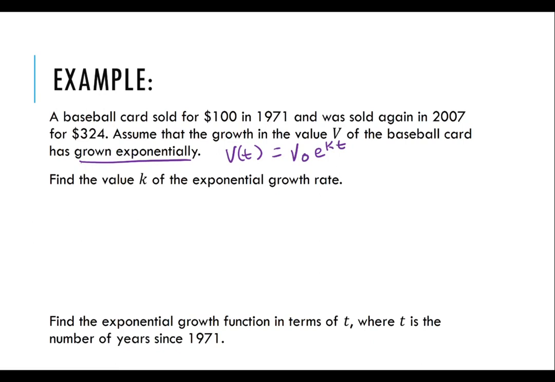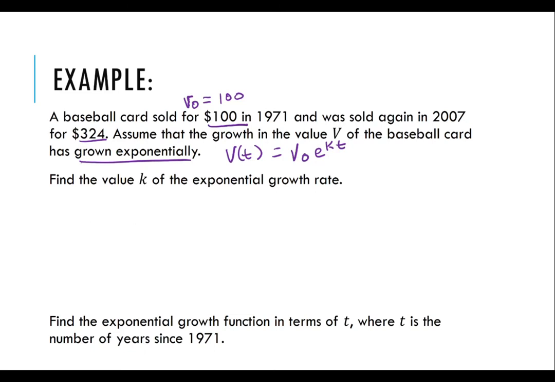We also already know that the initial value is 100. Because it was sold one time, we're going to assume that initial value is $100. And then after some amount of time, the period of time between 1971 to 2007, it sells a second time for $324. Well, what should we do?